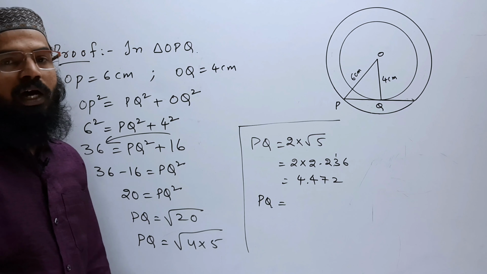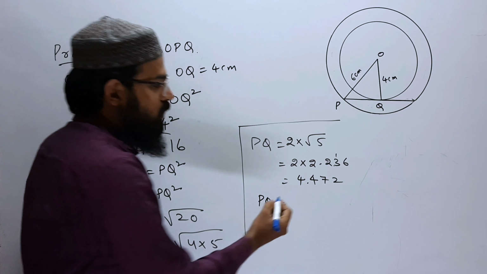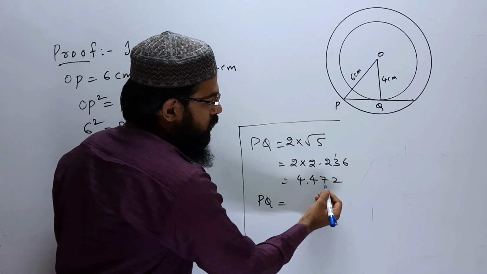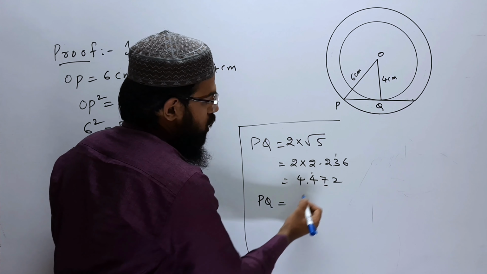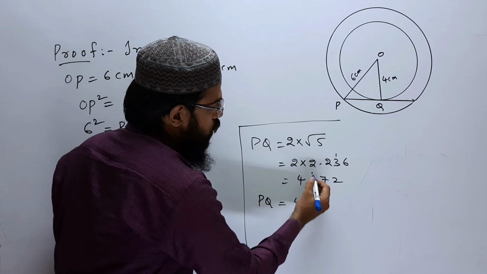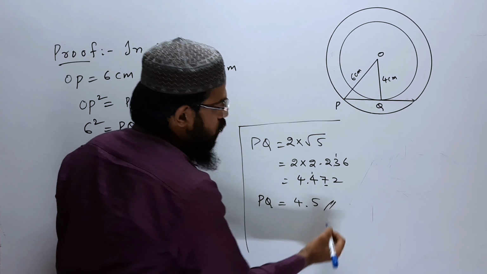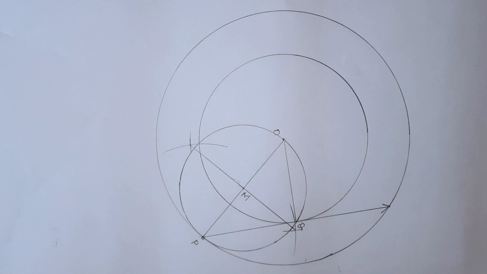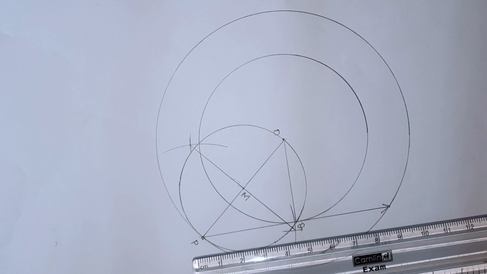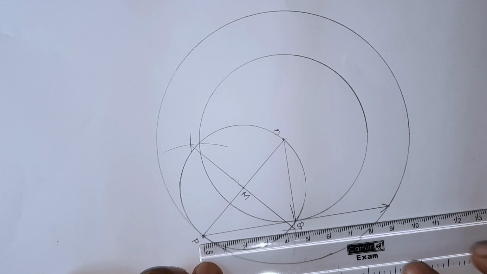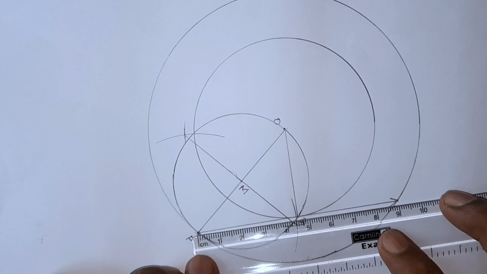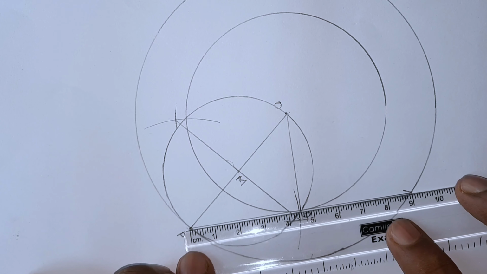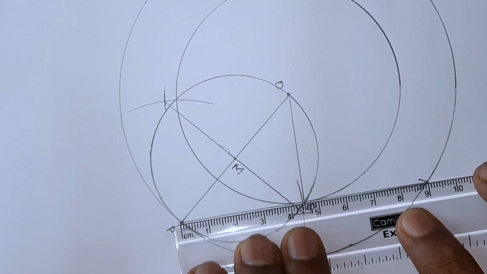If we round it up to 1 decimal, we get 4.5. Now let's verify whether we are getting 4.5 or not. As you can see, we are getting 4.5.